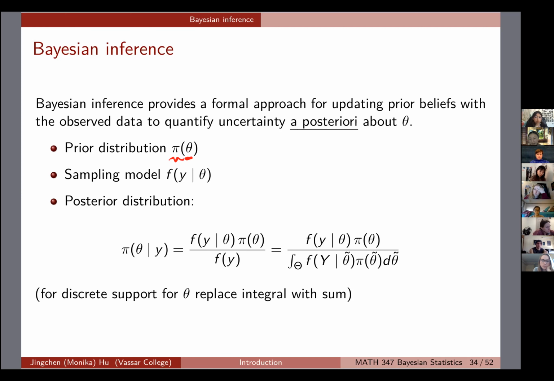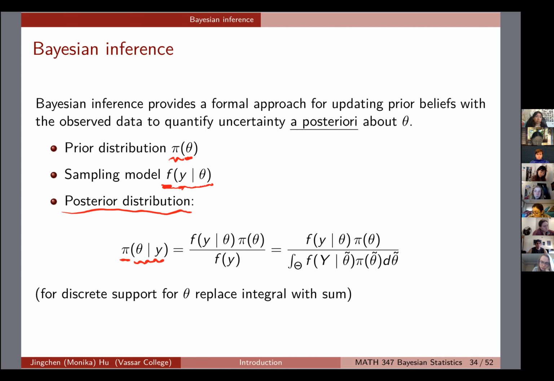So theta is generic. It can be p, the success probability in the binomial. It can be some other parameters, for example in a normal model, you can have mu, you can have sigma. For the sampling model, we usually use little f, and y is usually used to represent the data. The sampling model is the model of y given theta. And lastly, the posterior distribution, we also try to use pi to represent it.